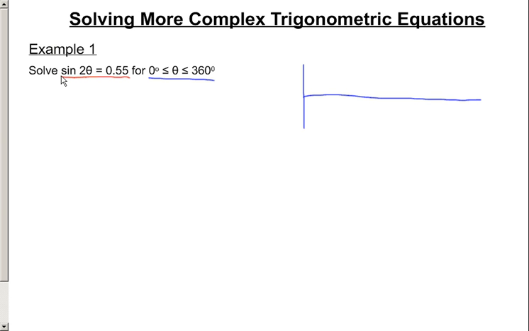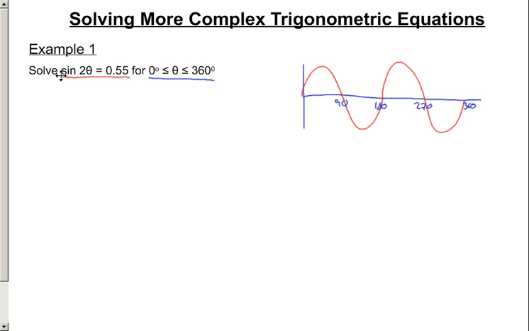The period is only 180. So here, sine 2 theta goes up and down like sine, but instead of doing it every 360, it does it every 180. Makes this one 90, this one 270, and this final one 360.